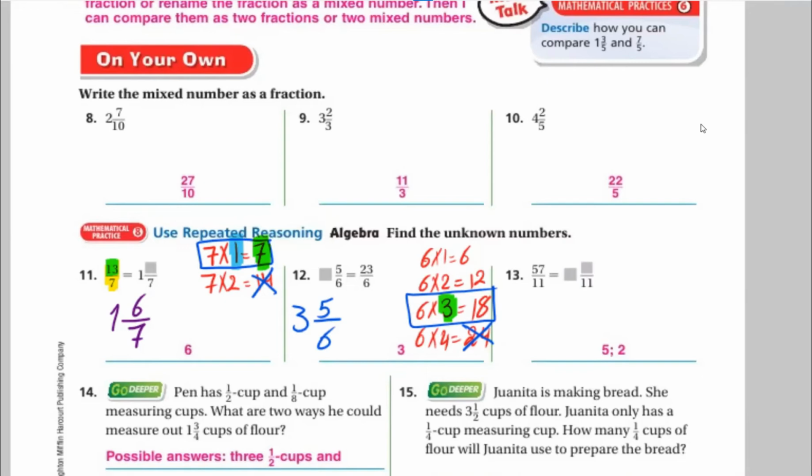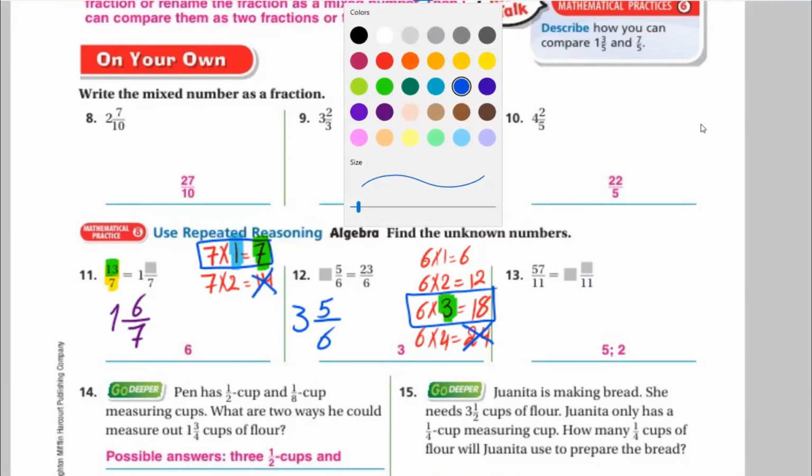Yes. Okay, so 57 over 11. So what are we going to do here?